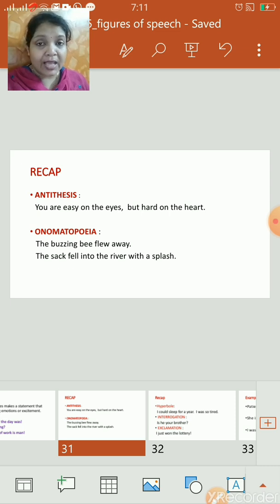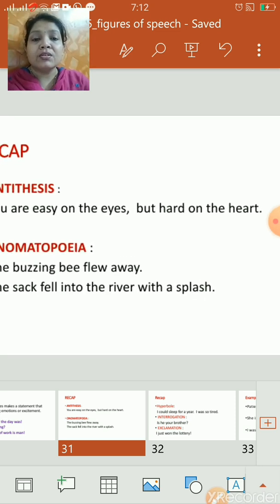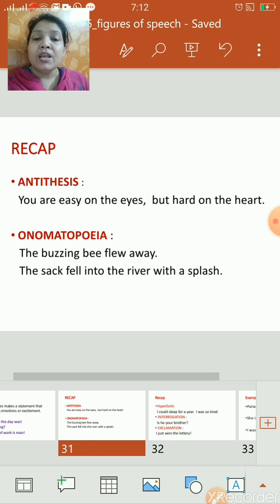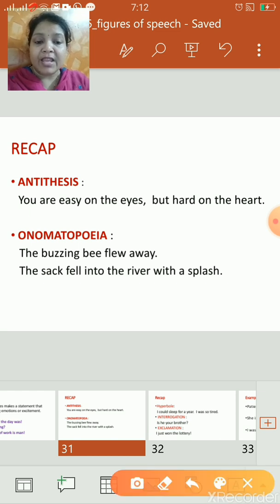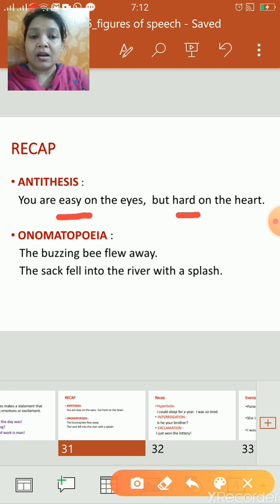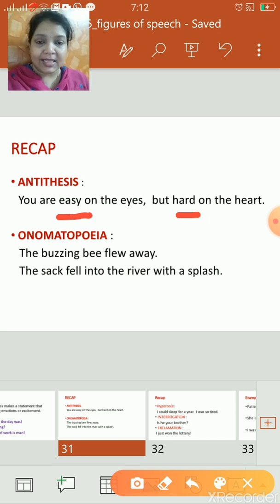Slavery is also the antithesis of freedom. The devil can be the antithesis of God. Here we come across one more sentence: you are easy on the eyes but hard on the heart. Yes, here we have two opposite words, easy and hard. So that's the reason it is antithesis.